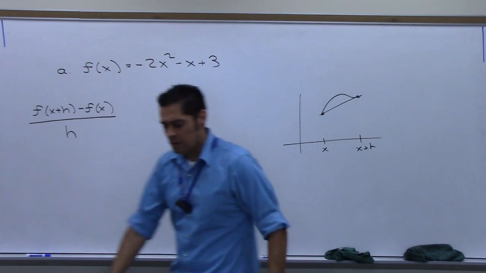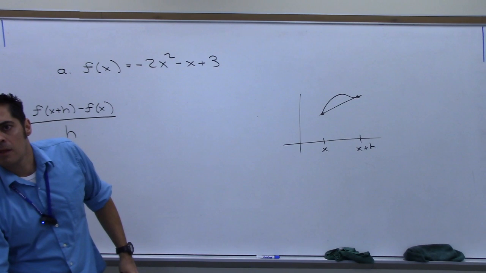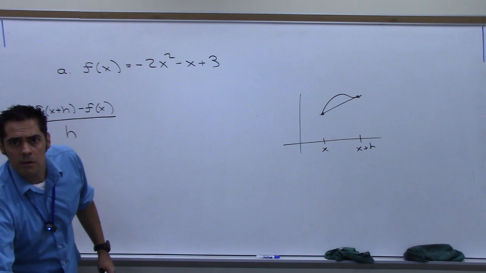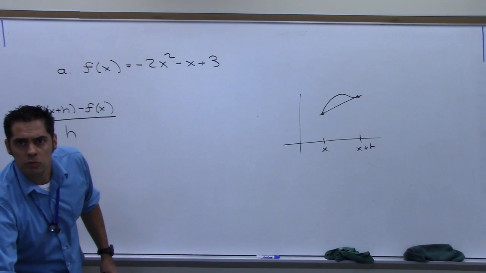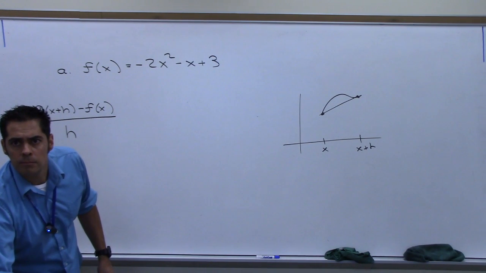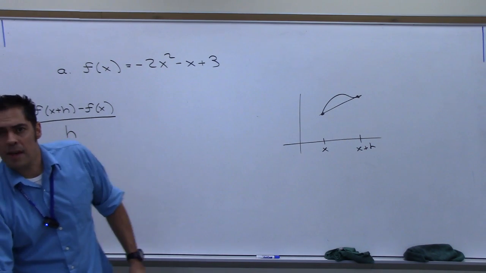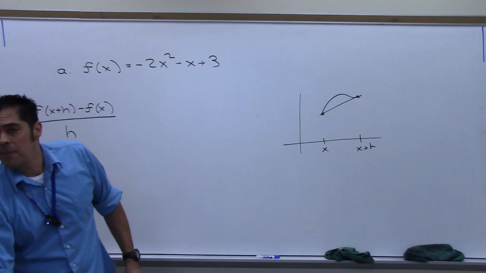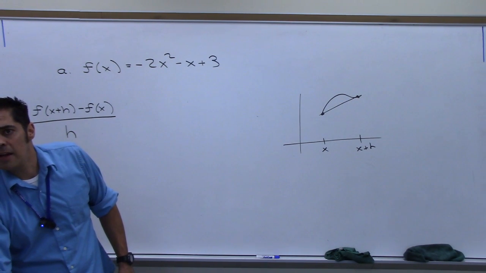Now, in my notes, I actually have an interactive image of this. So let me back this thing up. I have an initial point x. I plug that value into the function, I get f of x.